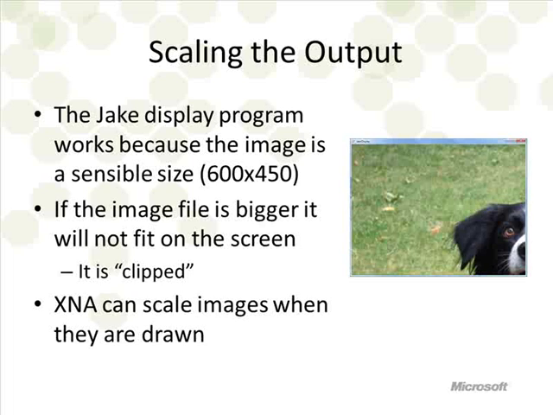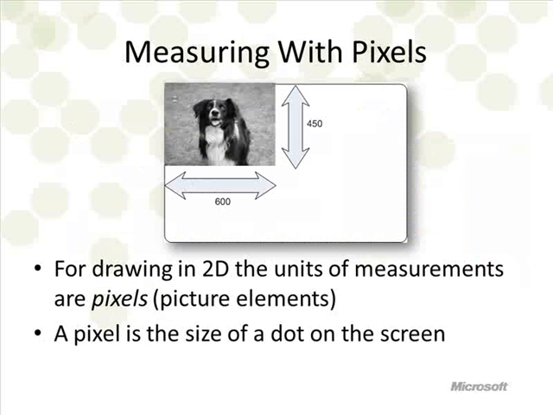In this case, XNA does not care. You get away with it this time, one of the few free shots you ever get in this business. XNA just draws the bit that fits and leaves the rest off the screen. XNA is perfectly happy to do this, and it will also do image scaling if you want. It'll take an image and make it fit on whatever size destination that you want.